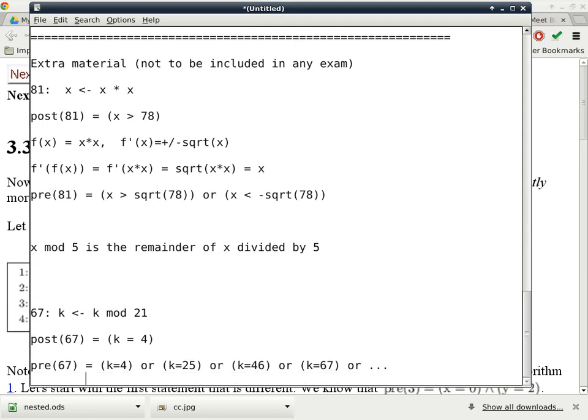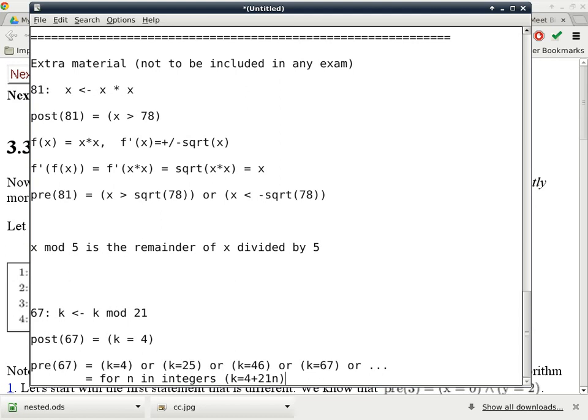Maybe if you take a math class, you would have to encounter this kind of stuff too. So the technical way to express this is basically saying for n in integers, K equals 4 plus 21n. I cannot type the mathematical symbol here, so I'm translating everything to the English version.